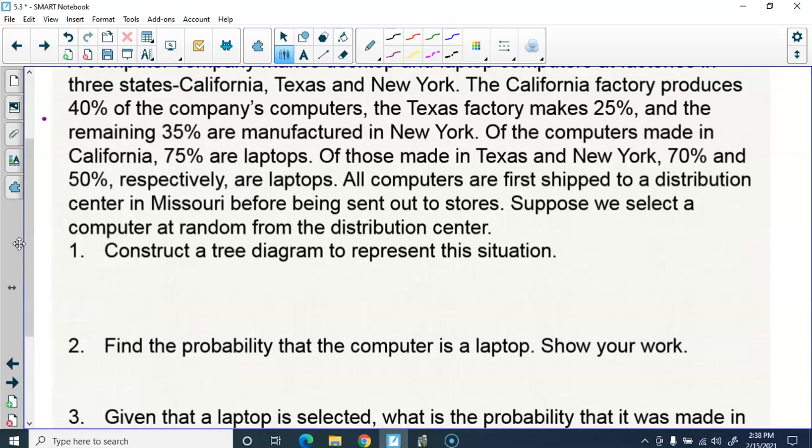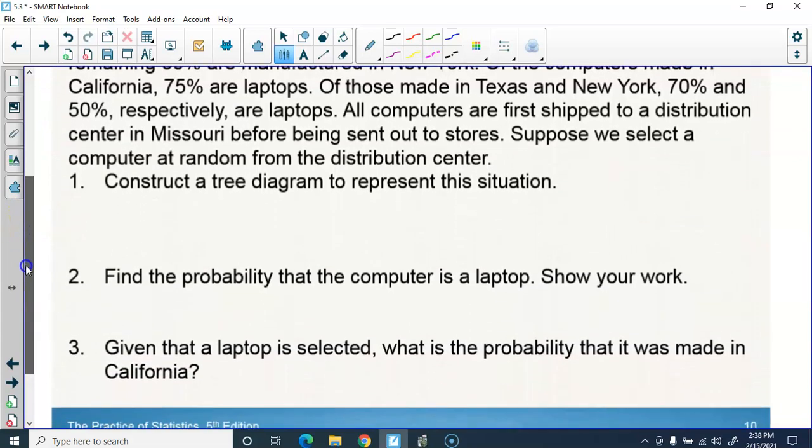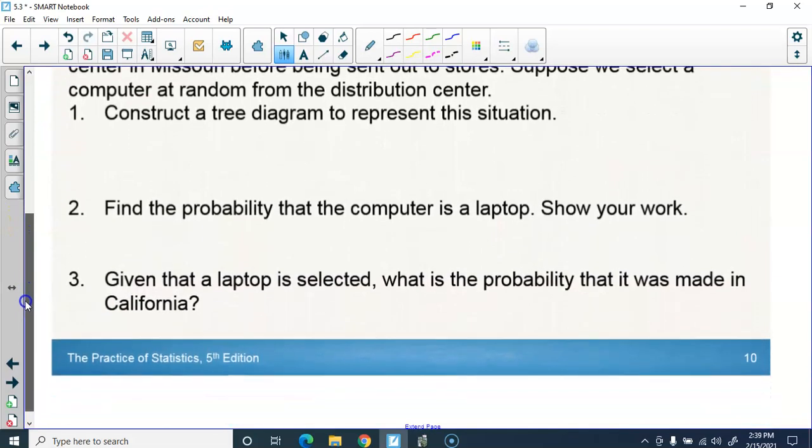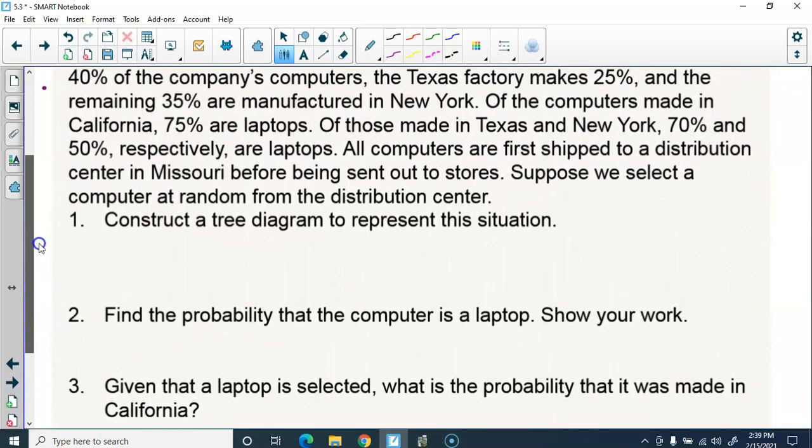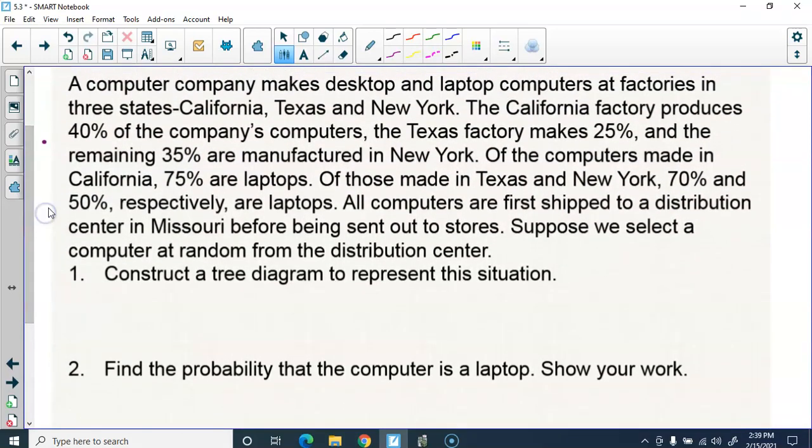Of the computers made in California, 75% are laptops. Of those in Texas and New York, 70% and 50% respectively are laptops. All computers are first shipped to a distribution center in Missouri before being sent out to stores. Suppose we select a computer at random from the distribution center. Construct a tree diagram to represent the situation.